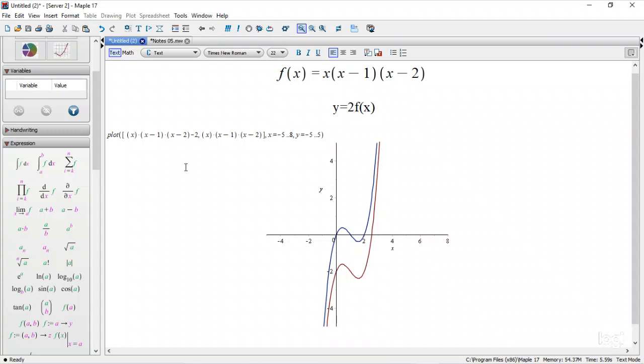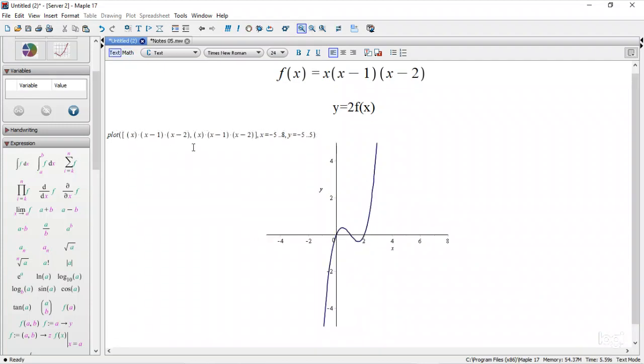And we'll see 2f(x). So it means all the values of y are multiplied by 2. So we'll see in the graph 2 times. I'll go back to the original graph first.